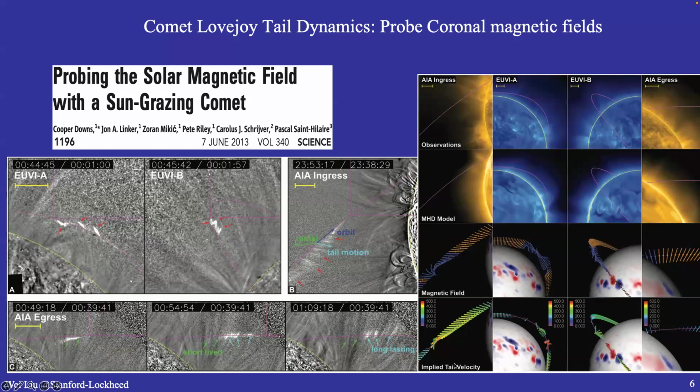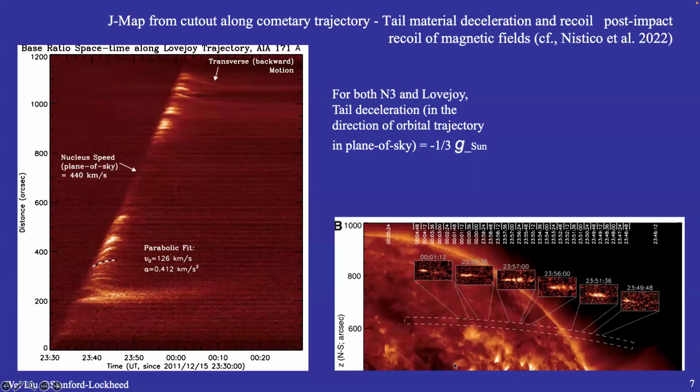One exception to what I just said is that there's also motion not only along field lines, but also perpendicular to them. These are the so-called J maps along the trajectory of the comet, as we see on the right-hand side: basically a narrow slit in the image, and you stack them together to make this so-called J map.